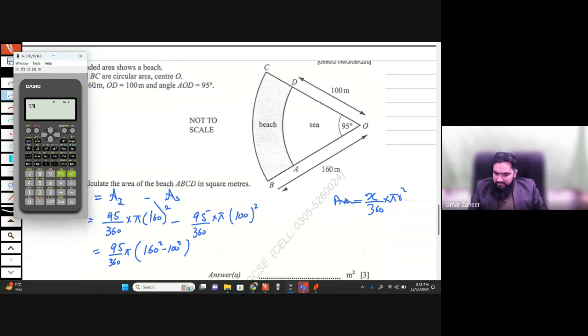So 95 divided by 360 multiplied by pi multiplied by 160 square minus 100 square. Yes, everyone, please tell me the final answer.